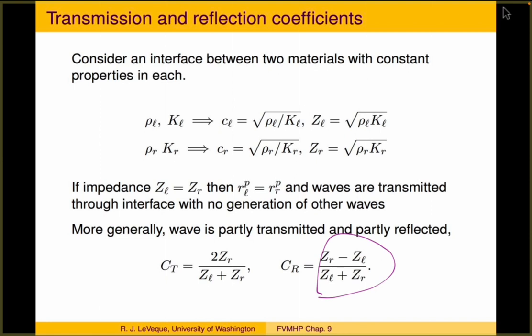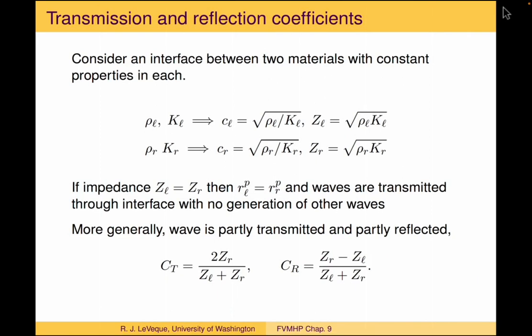And the transmission coefficient 2Z_R divided by Z_L plus Z_R, again, if Z is the same on both sides, would simply be 1. But more generally, we'll have some transmitted wave and some reflected wave, and the reflected wave depends on Z_R minus Z_L, so whether it has a positive amplitude relative to the incoming wave or a negative one depends on which is larger, Z_L or Z_R.